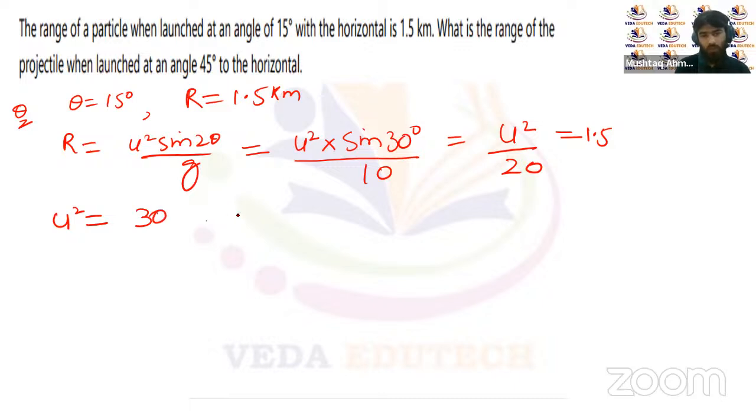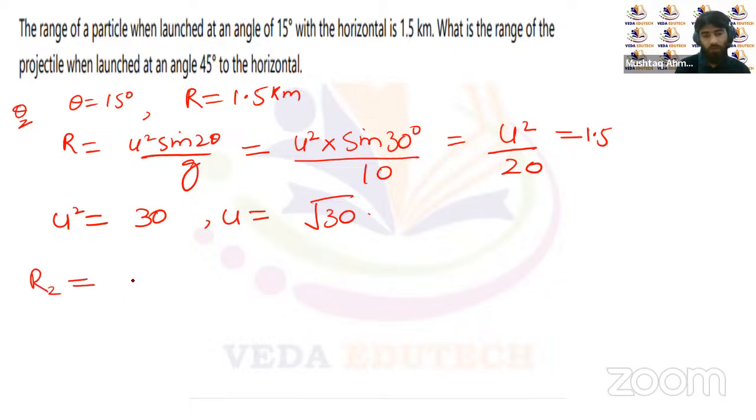So u will be equal to under root of 30. If u is equal to under root of 30, then we have to calculate the range R2 when it has been projected at an angle of 45 degrees.